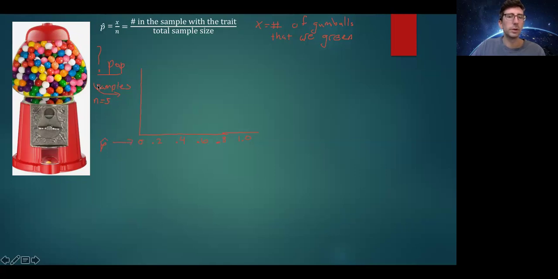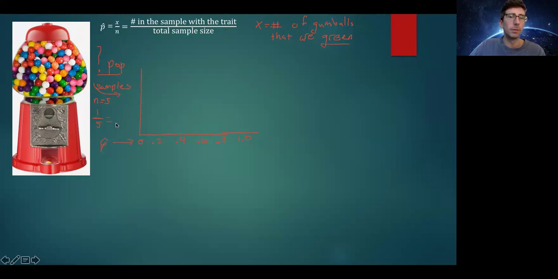And so let's say we sample 5 of these gumballs. Our first sample, we've taken 5 as a sample size. So we put 5 on the bottom for our n, which is our sample size. And let's say we get 1 green gumball. The number in our sample with the trait of being green that we care about is only 1.